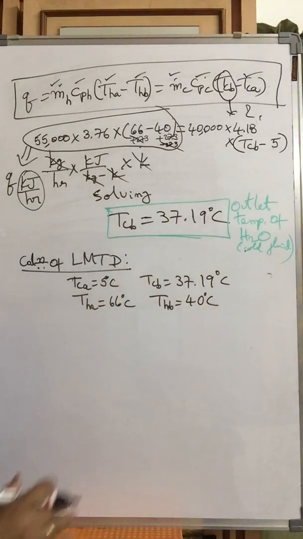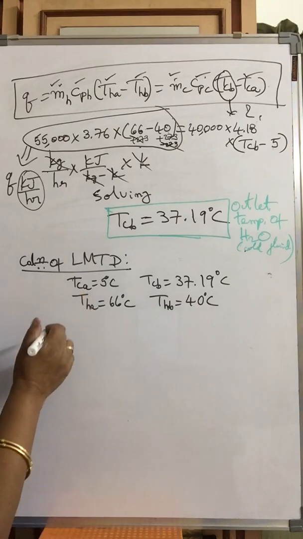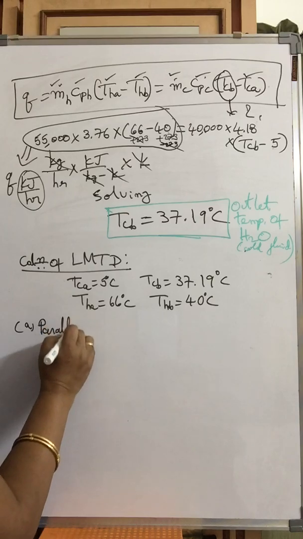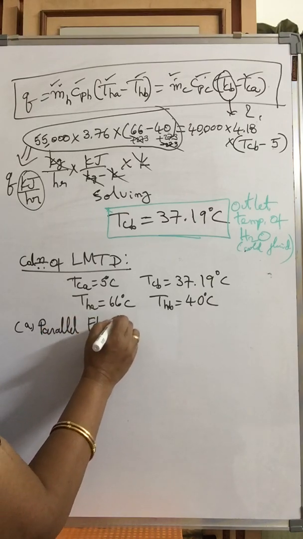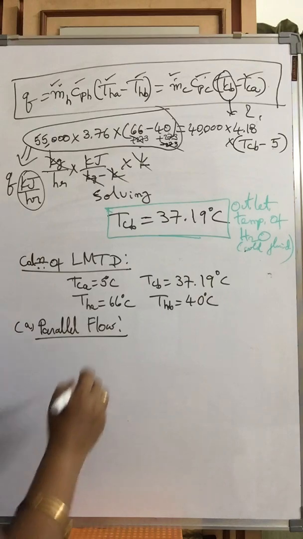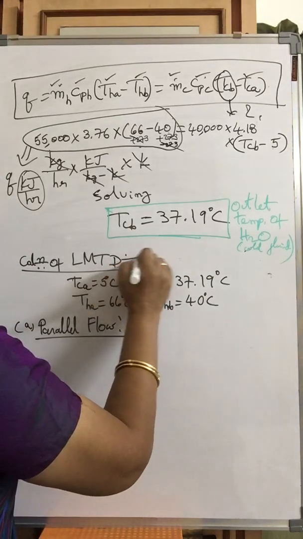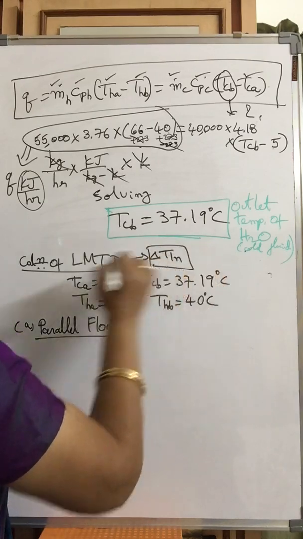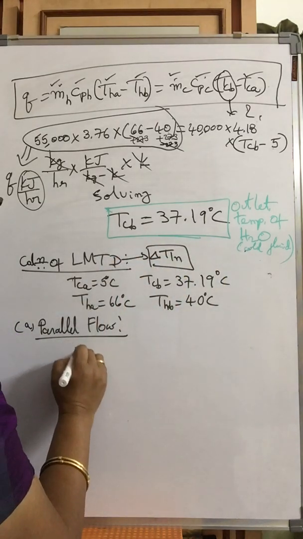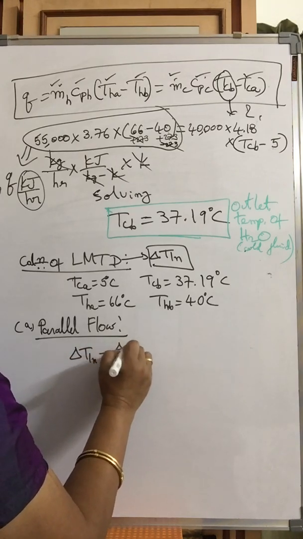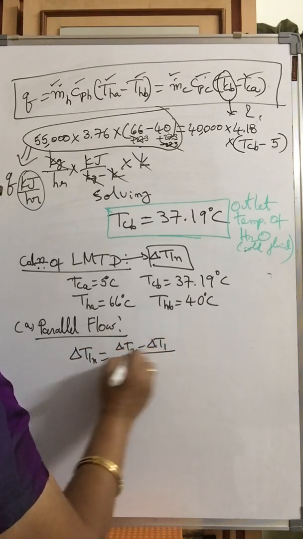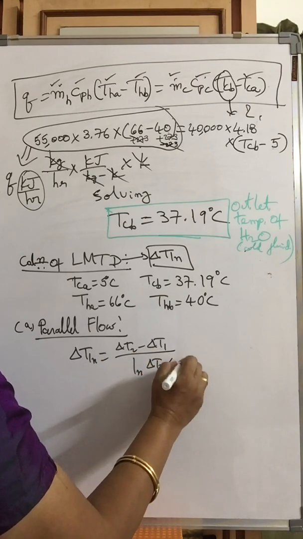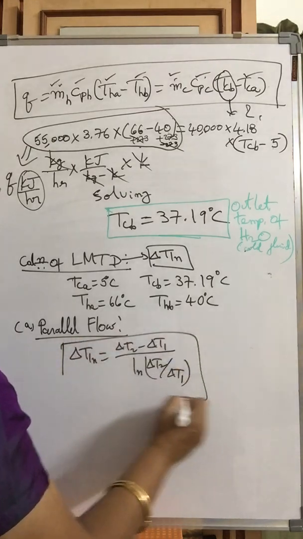We have all 4 values. LMTD is delta T ln, equal to delta T2 minus delta T1 by ln of delta T2 by delta T1. This is how to calculate LMTD.